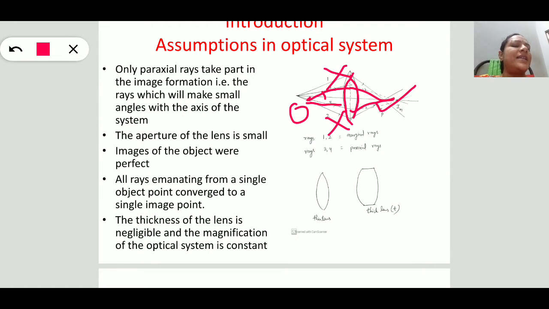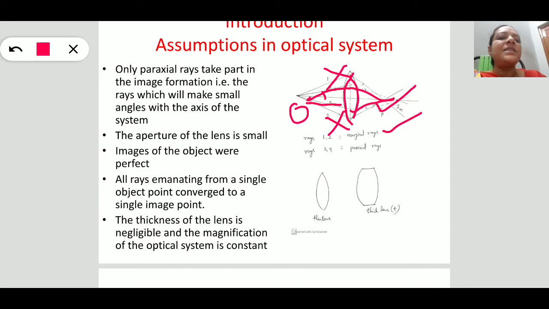Marginal rays are the rays which are incident on the lens with more height or by making a greater angle with the principal axis. These are denoted by 1 and 2, the marginal rays. Here we are omitting these marginal rays. Even though we placed the object here at O, we are not considering all rays. We assumed that only the paraxial rays take part in the image formation. So this is one assumption.